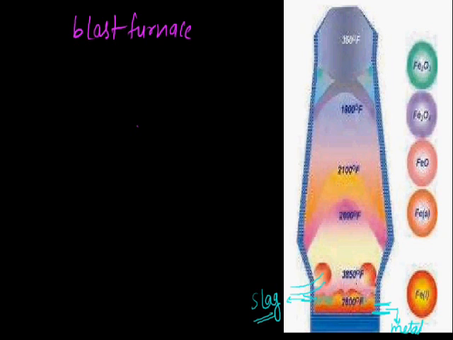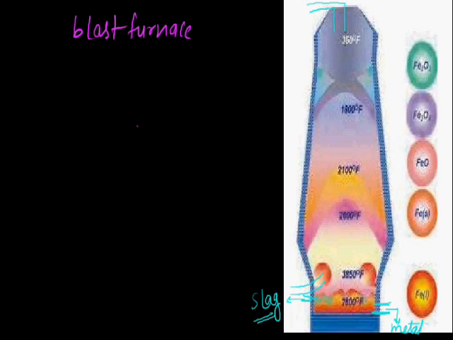The temperature decreases from lower to higher height, or we can say that higher temperature is at the bottom and lower temperature is at the top, and we introduce roasted ore or calcined ore from there. We use the blast furnace for smelting.